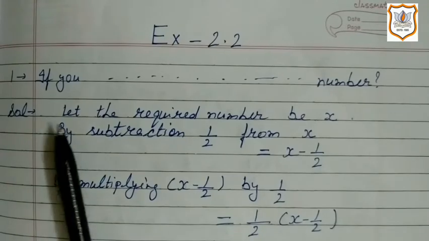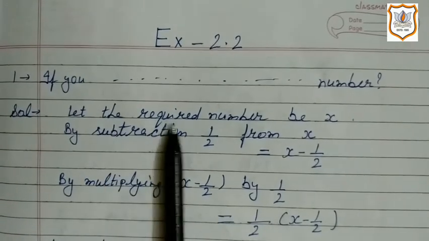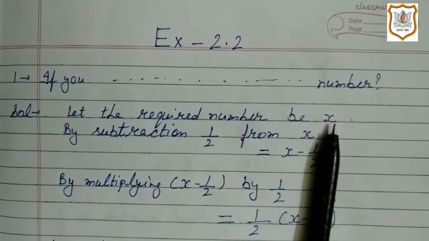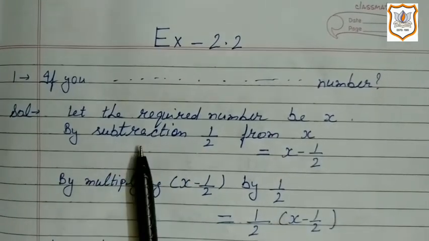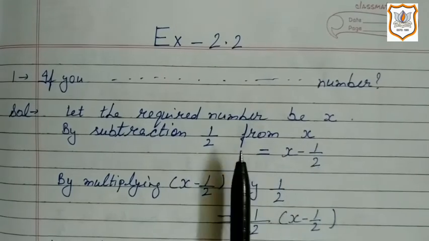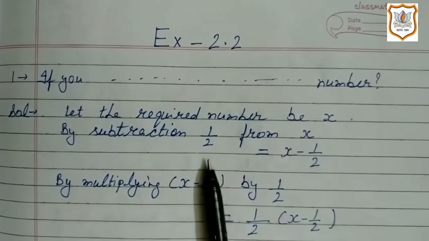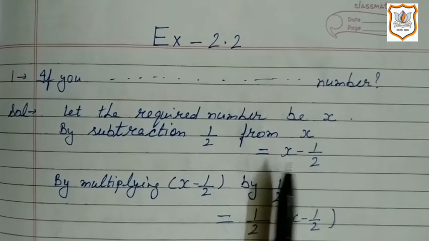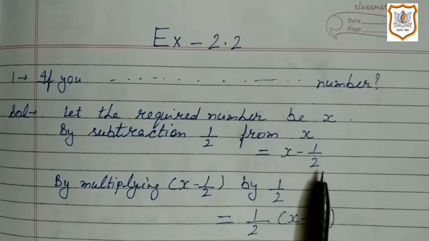Now we solve. Let the required number be x. By subtracting 1/2 from x, we get x minus 1/2.